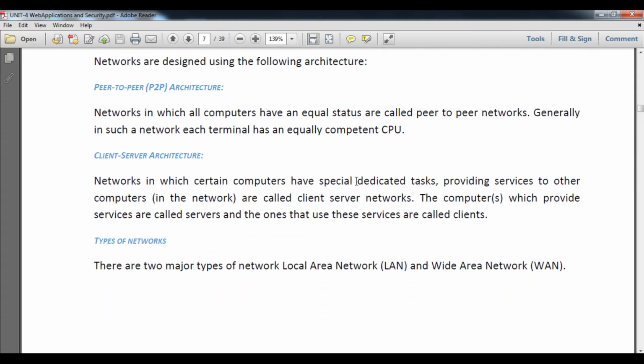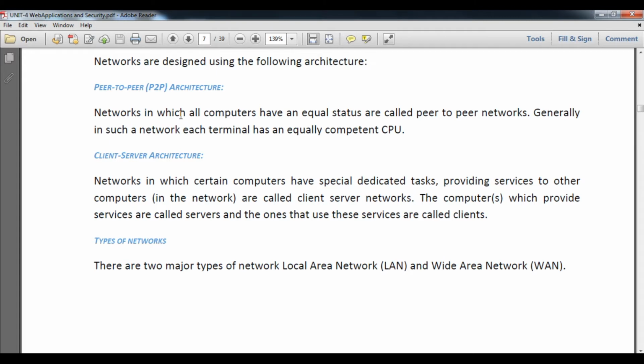How many types of structures are there? As we know, a network is a collection of computers which are interconnected to each other, and in which manner they are connected, we will understand in this architecture. Under the architecture, the first architecture introduced is the P2P architecture, also known as peer-to-peer architecture. Under P2P architecture, in a network, two or more computers are interconnected which have the same status.